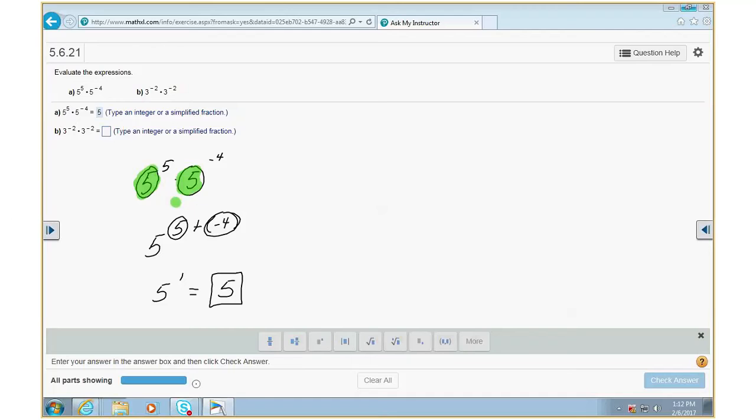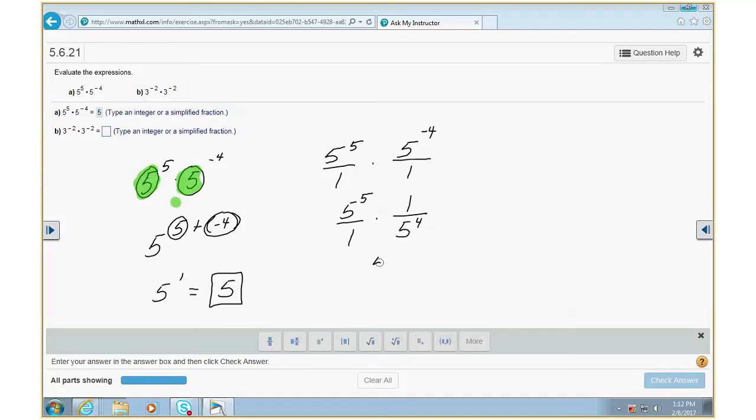Another way of doing it. 5 to the 5th over 1 times 5 to the negative 4th over 1. What rule can we use here to get rid of that negative 4? Inverse rule. So that'd be 5 to the 5th over 1 times 1 over 5 to the 4th.